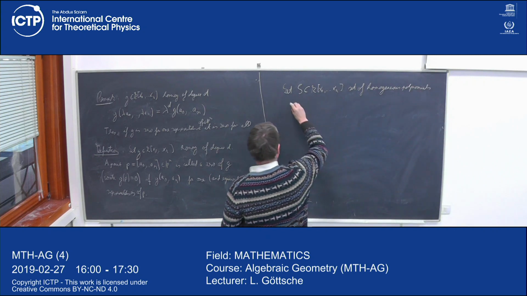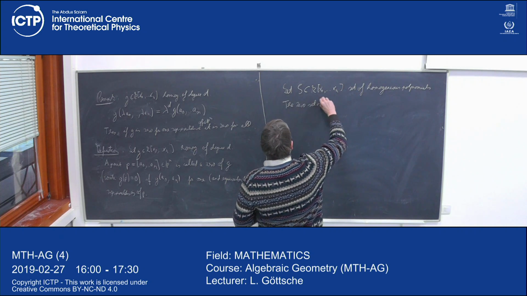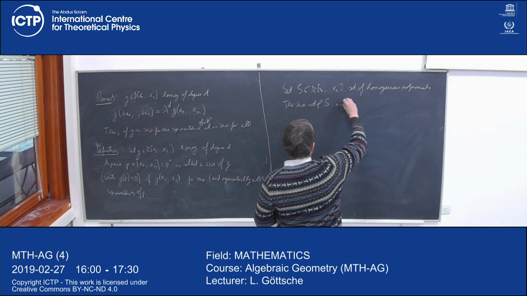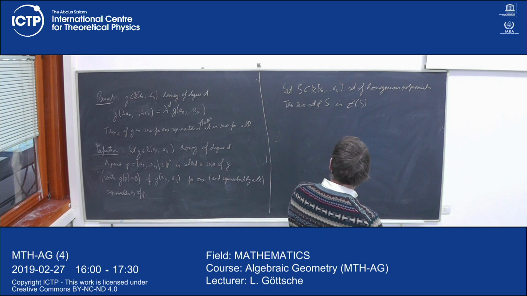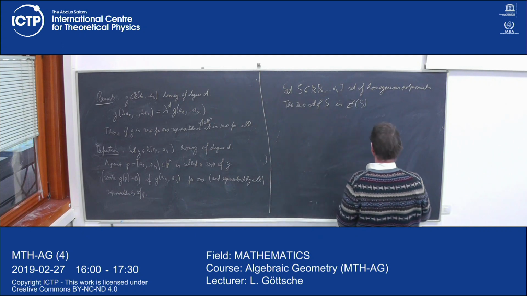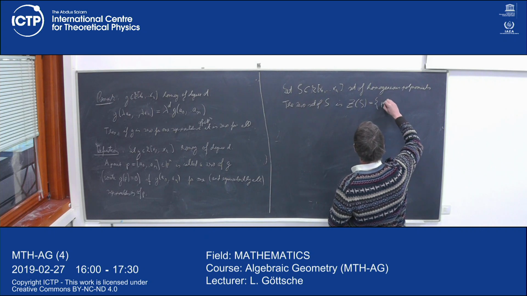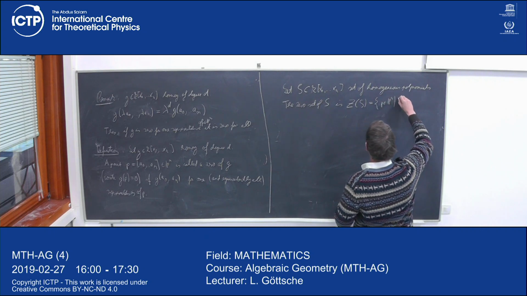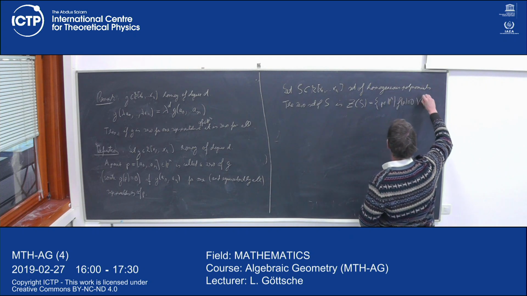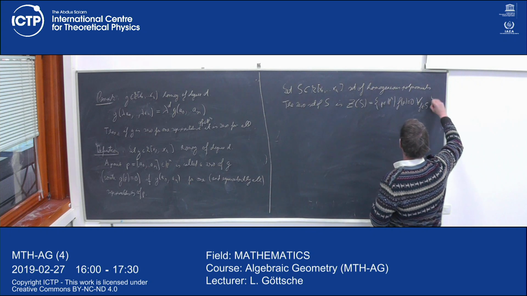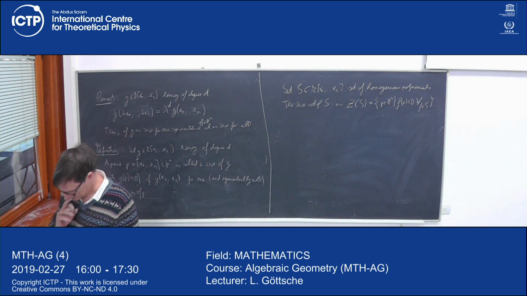Then the zero set of S, which is equal to the set of all points P in P^n such that f(P) is equal to 0 for all f in S. So the common zero locus of all these homogeneous polynomials.